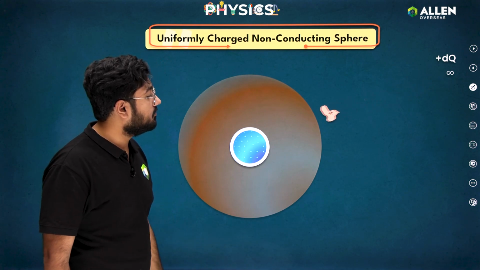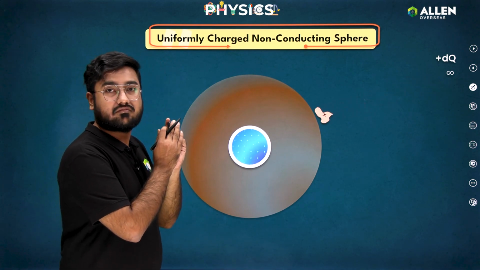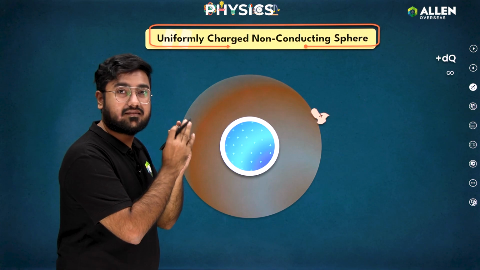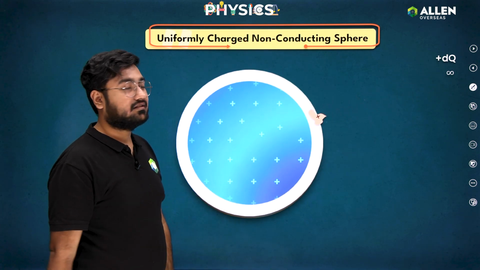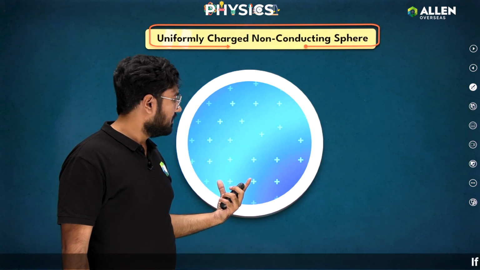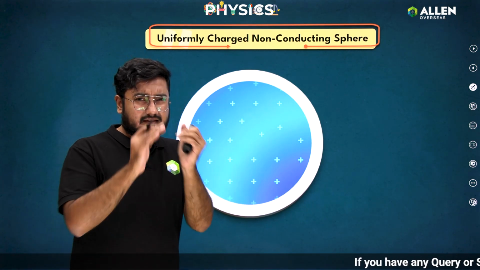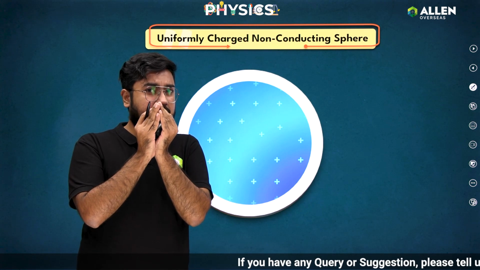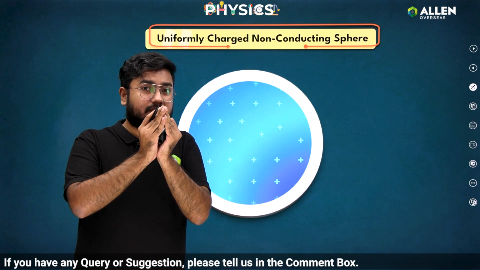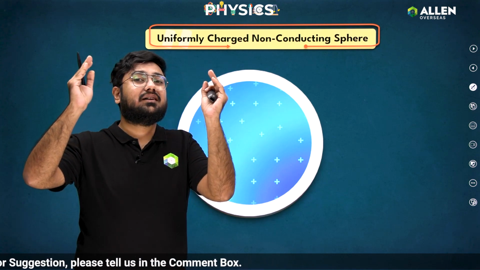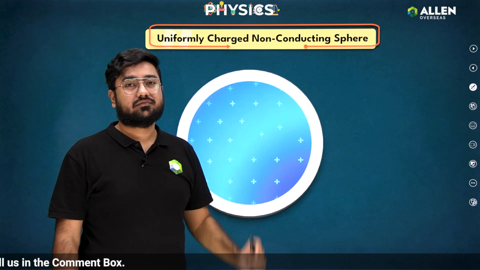What is going to happen when I am going to bring the charge? Charge increases, increases, increases. What happened? I considered that there is a small sphere that is being formed. Initially, the radius of that sphere is 0, and that sphere is growing bigger gradually as the charge is coming.